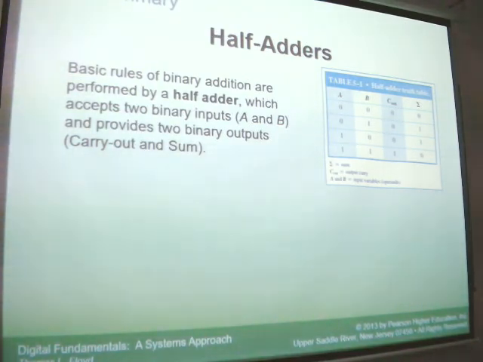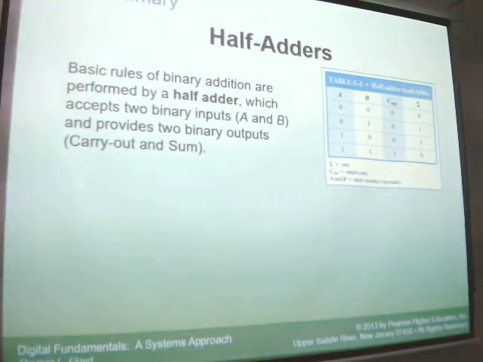Basic rules for binary addition are performed by the half adder, which accepts two binary inputs and provides two binary outputs. So the half adder doesn't have carry in. It only has carry out and sum.